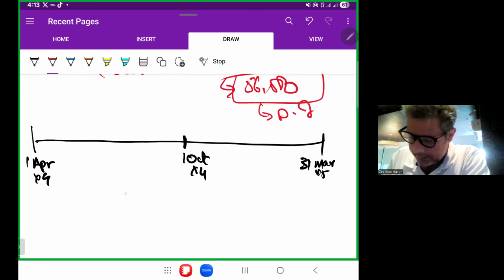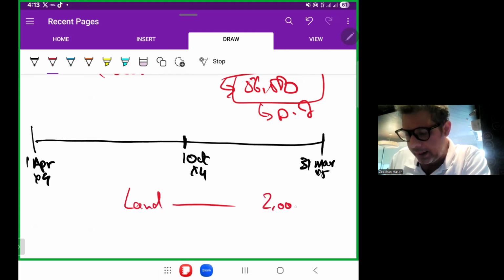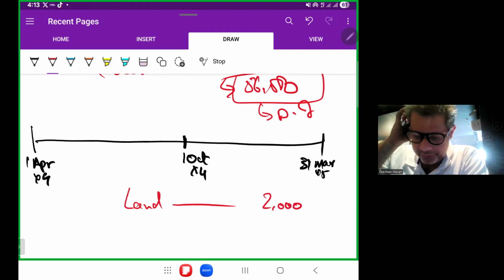So land not depreciated, 2,000. I am taking millions into thousands, okay?